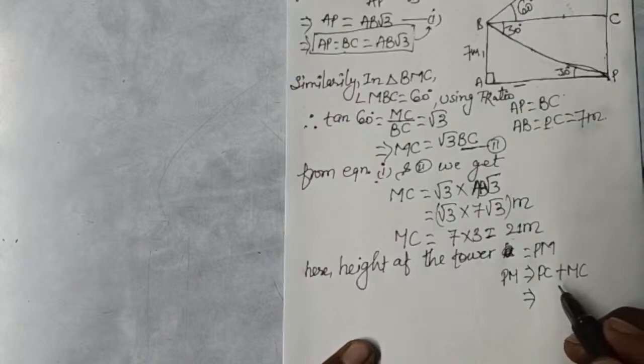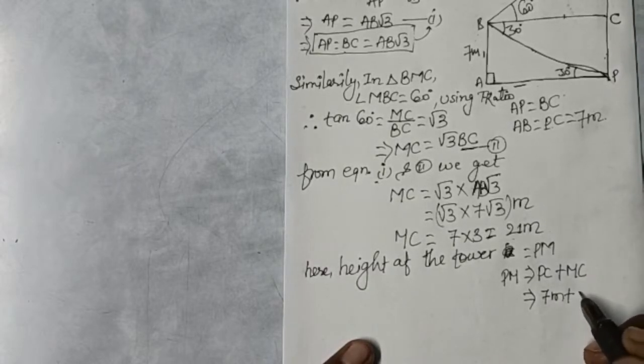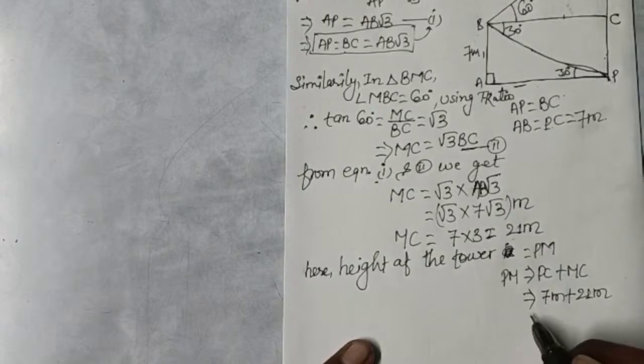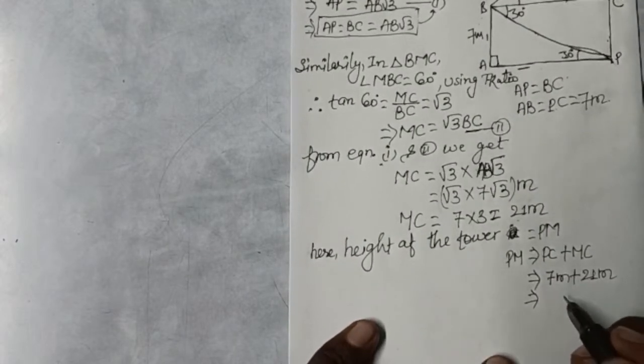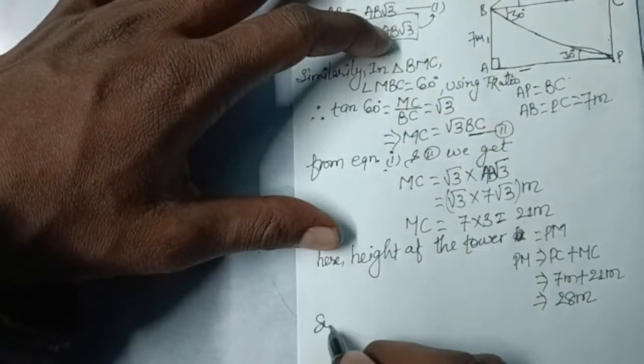Here PC equals 7 meter and plus MC equals 21 meter. Therefore height of the tower is 28 meter.